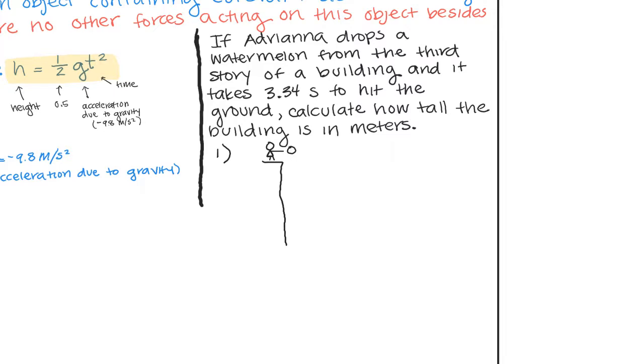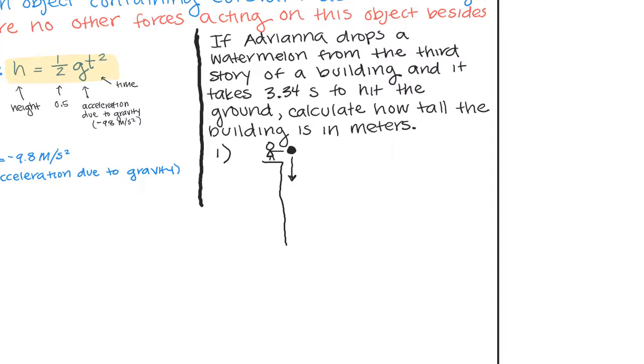Oops. So here's our watermelon. I'm going to color it black just so y'all can see that a little bit better. Okay, the watermelon is going to fall straight down from the top of the building, the 3rd story of the building. All right, so let's go ahead and label some parts of the picture that we know.